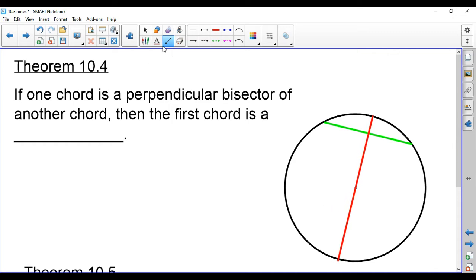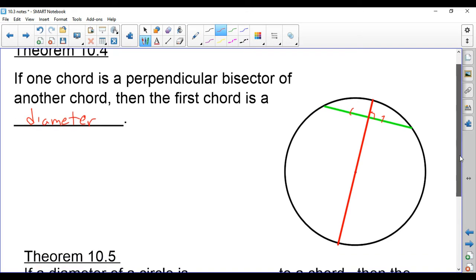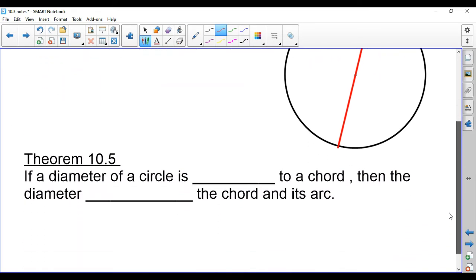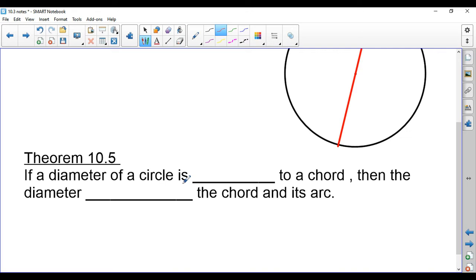And what we see is that when you have the chord that is a perpendicular bisector of another chord, that first chord is always a diameter. There's our perpendicular bisector.